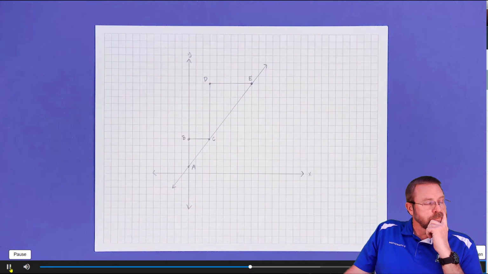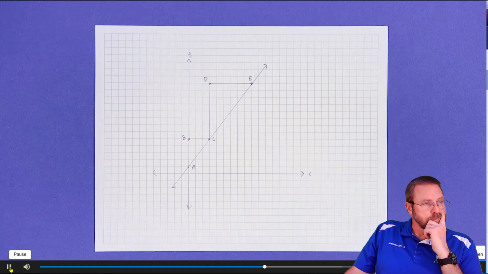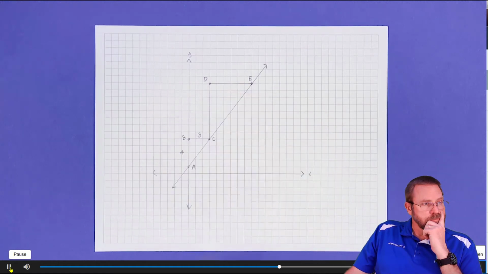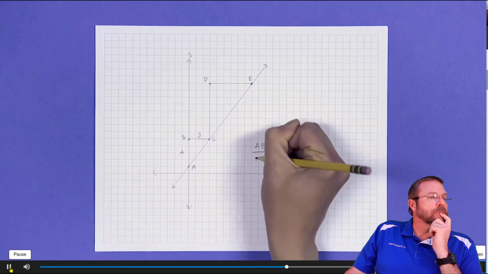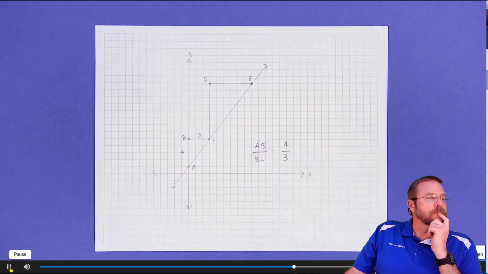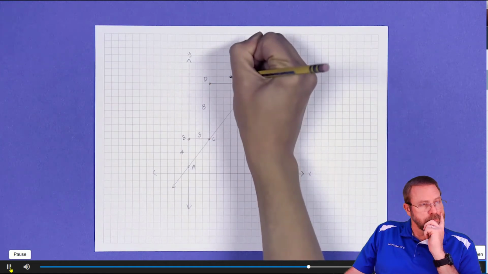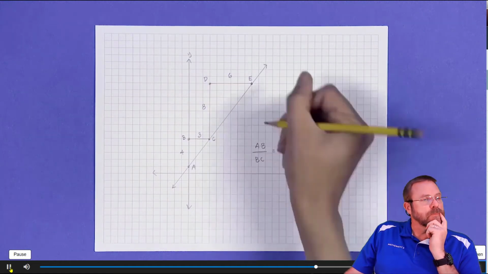Write the ratio of the rise to run for each triangle. The rise of triangle ABC is 4, and the run is 3. So the ratio of the rise to the run is 4 to 3. The rise of triangle CDE is 8, and the run is 6.